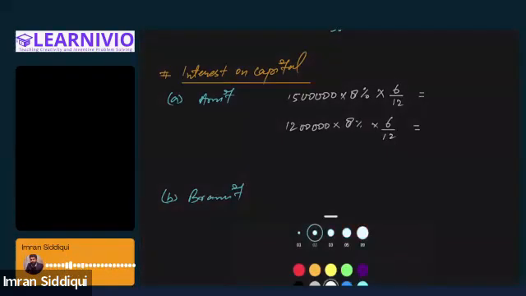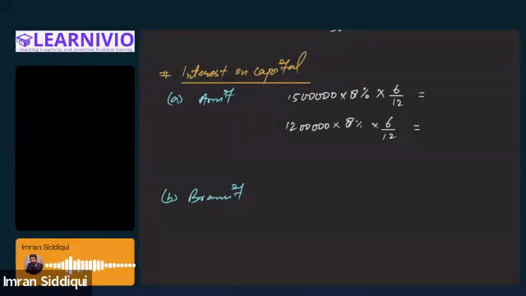So for Brahmit, for the first 6 months, we'll calculate 8% interest on 9 lakh, right? And for the remaining period, we'll calculate interest on 12 lakh into 6 by 12. Got it? Tell me if this is clear for you.